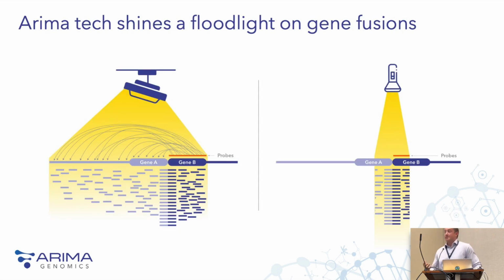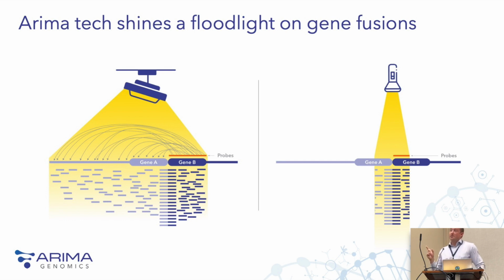So with that being said, it's incredibly important to not only be able to detect the typical gene-to-gene fusion, but also the proximal fusions. We think of our technology as a floodlight, shown here, where all these reads that I showed you that link between gene B and gene A, we are able to see all of them, to illuminate a gene-to-gene fusion. Whereas with typical linear genomics, you have the reads at the breakpoint.